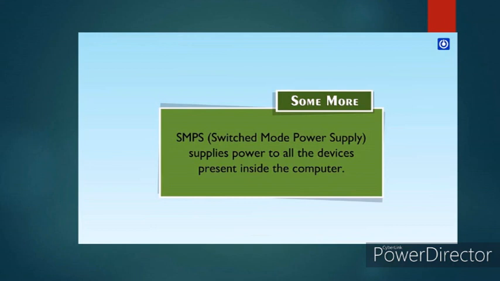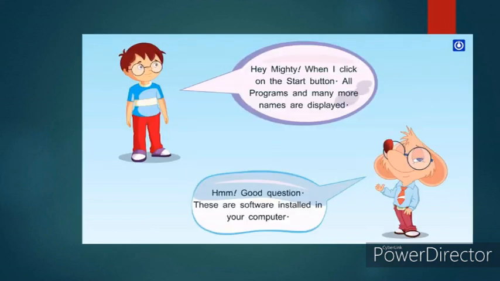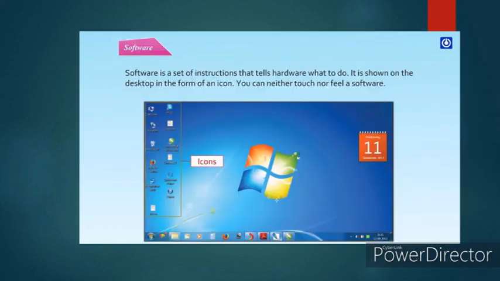Now, one student said, "Hey Mighty, when I click on the start button, all programs and many more names are displayed." Mighty smiled and said, good question. These are software installed in your computer. Now, what is software?